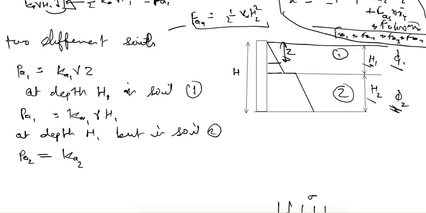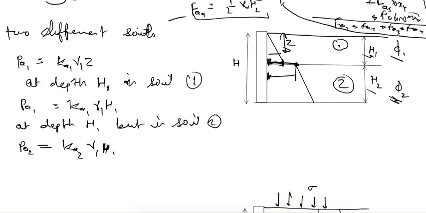So Ka2 gamma h1, and let's say gamma for the first soil is gamma 1, so it would be Ka2 gamma 1 h1. That will give me this part, whereas from the top it would give me this part. So that's why there is this shift in the diagram.